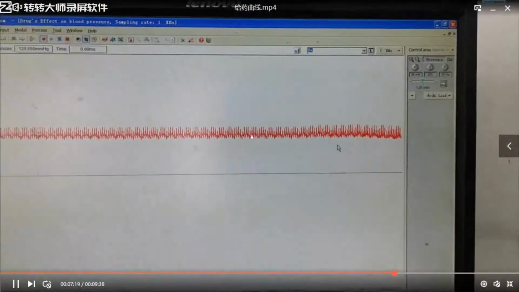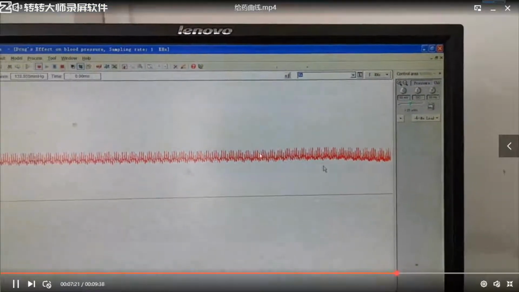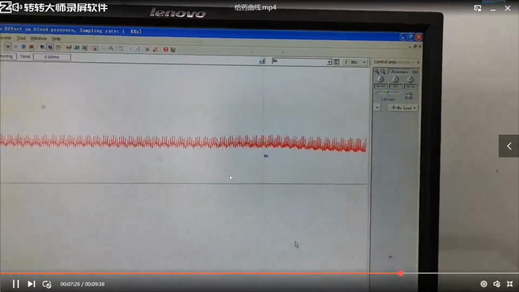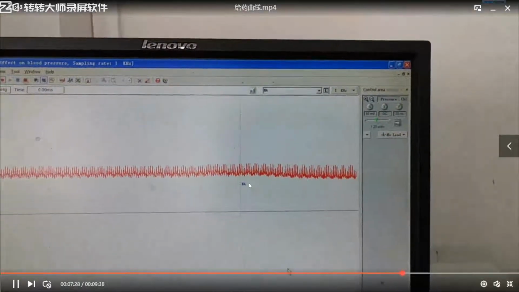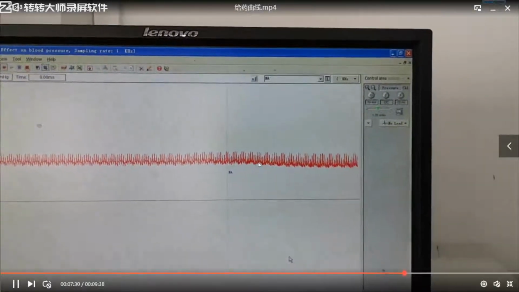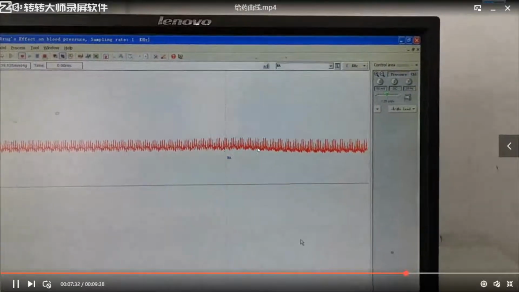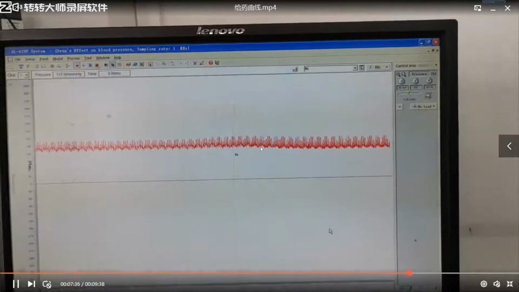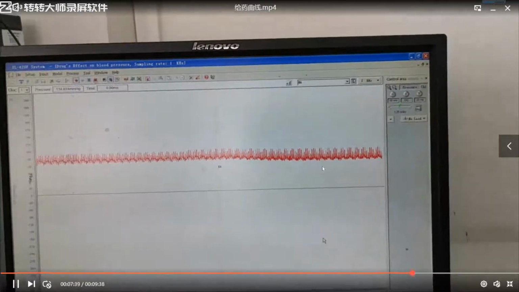Noradrenaline, in the beginning of this part, we had known hugely increased the blood pressure. But just now we injected noradrenaline, and the effects are not very obvious; it couldn't increase blood pressure.